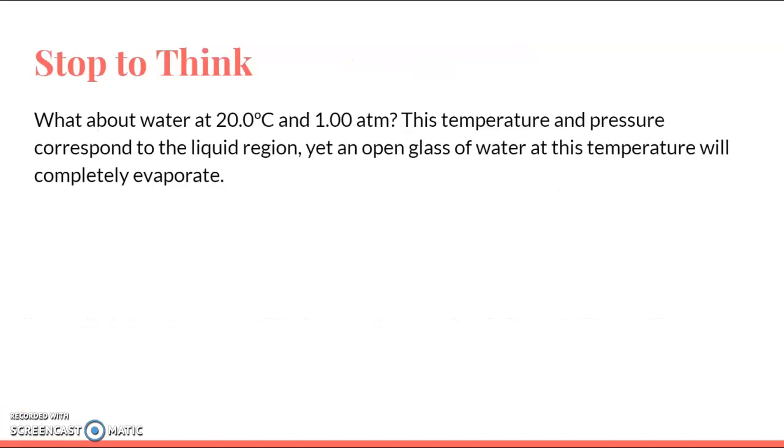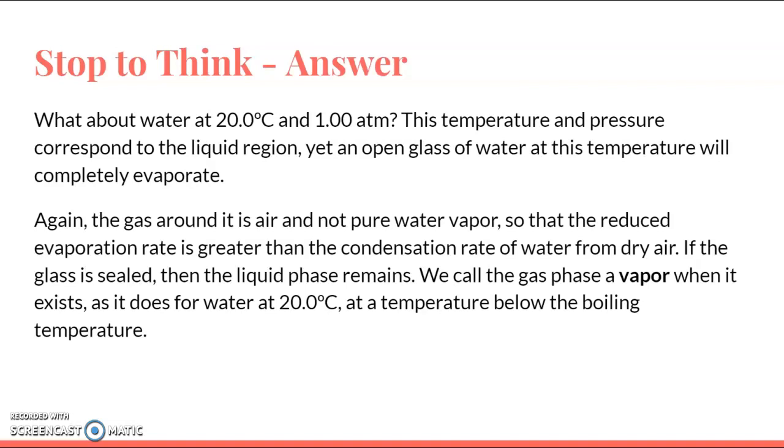I won't make you stop to think through this one, but what if we have room temperature water, a glass of water sitting out? This temperature and pressure corresponds to the liquid region, so why will the glass of water eventually evaporate? Again, this is because we're in an open system, so the gas around the glass of water is air, not pure water vapor.